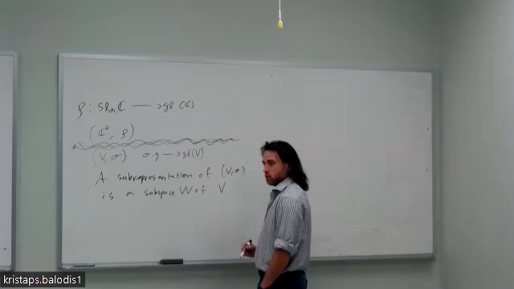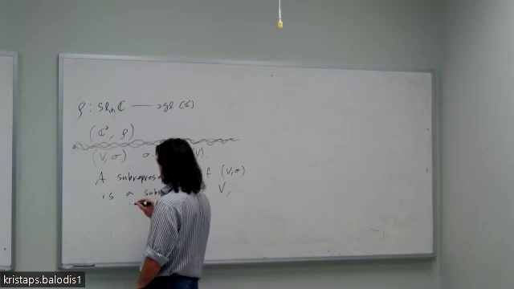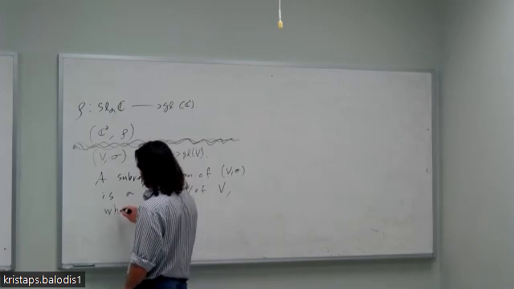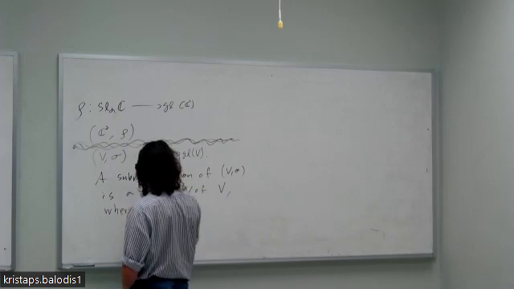Sigma restricted to W should still be a linear transformation that respects the bracket.